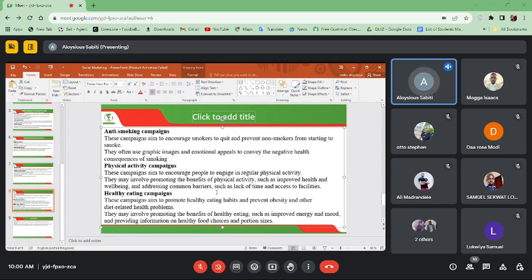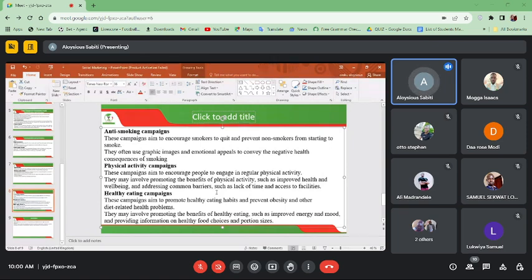So if someone draws a plan, most times the barrier is that people don't have enough time, people don't have access to these facilities. So what individuals most times do is that they try their level best to draw for you a plan so that if you follow it, you can be able to achieve some of these physical activity plans.